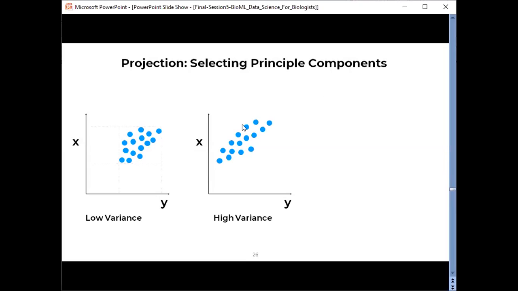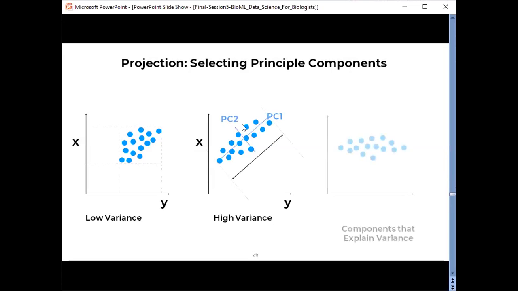However, this variance is not explained well by the x-axis or the y-axis. But you can draw a line in the original space that shows the maximum variance of the data. So this vector through the multidimensional space that maximizes the variance of the data is called a principal component.